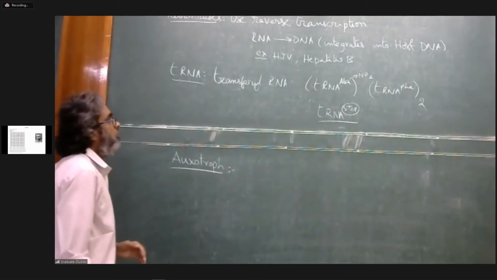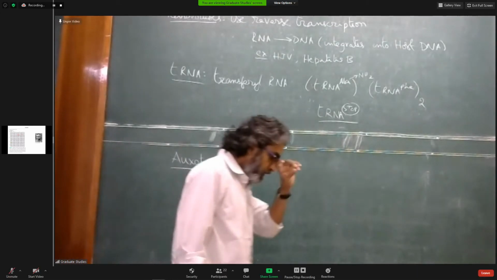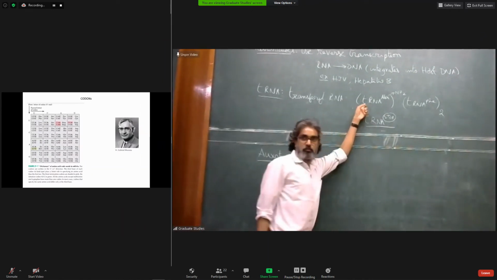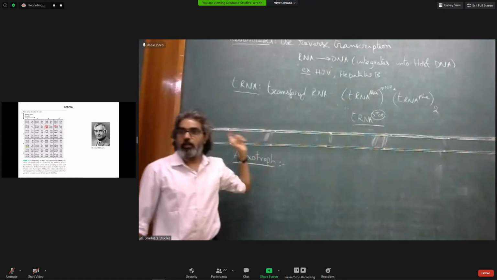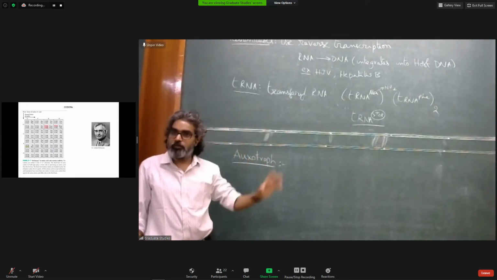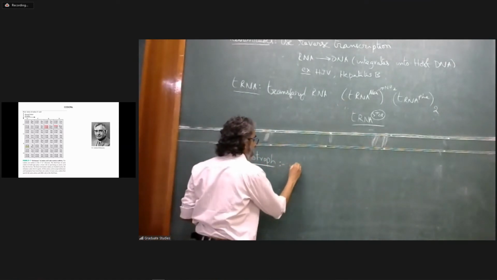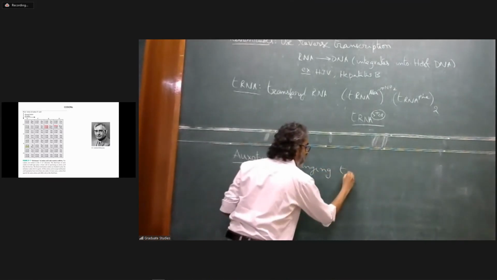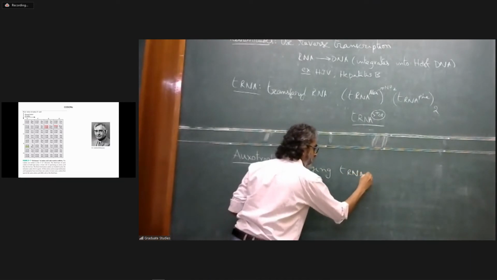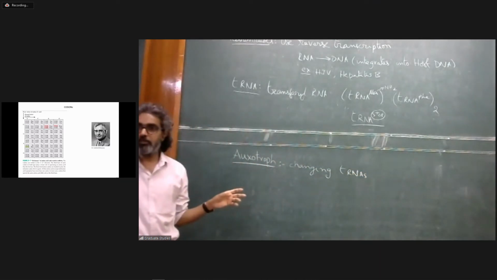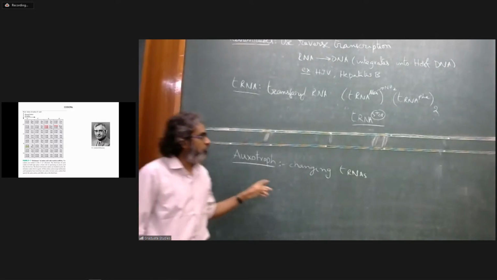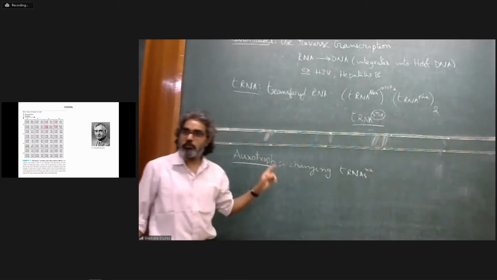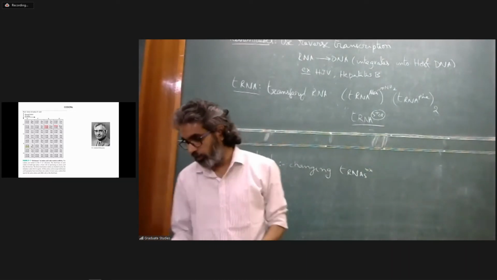For example, you can deplete certain tRNAs which are present in natural systems, and then you can add the ones you need. So you can insert the tRNAs which you need, and of course modified amino acids. Then you can actually insert those amino acids. People have really been doing that.